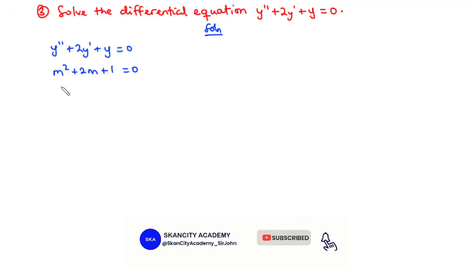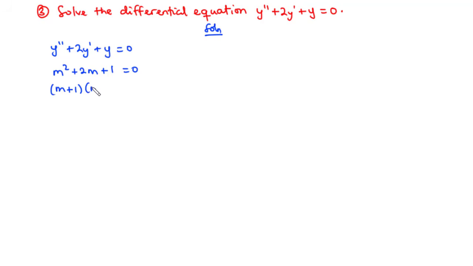So we have the factors m plus 1, m plus 1, equal to 0. So m plus 1 equals 0, m is equal to negative 1, and the other m plus 1 equals 0, so m equals negative 1. Here we have m1 and m2, and you realize that m1 is equal to m2, which is negative 1.